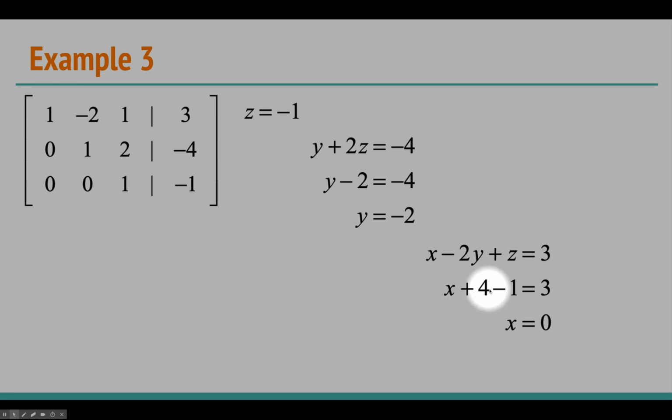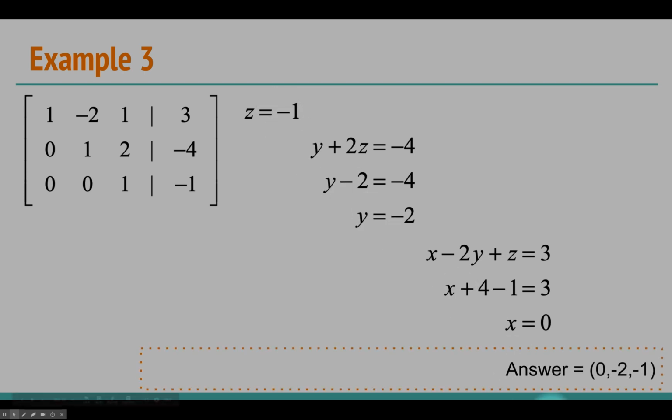So I end up with x plus 3 on the left is equal to 3 on the right, and if I subtract 3 from both sides, I end up with x equals 0. And there is the final solution. X is 0, y is -2, and z is -1. So in point form, it would be x is 0, y is -2, and z is equal to -1.